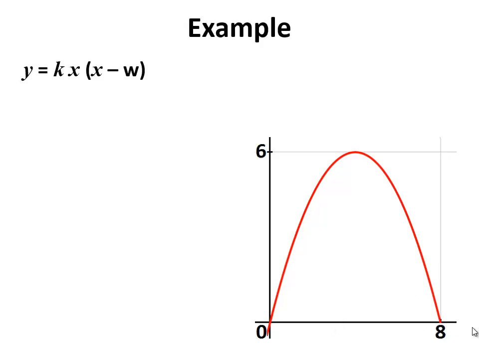So let's say our parabola is 8 wide and 6 high. Here's the general form of that type of parabola from the two intercepts. We know this one is 8, this one is 0, and we put in our point 4, which is halfway across to 8, 4 across, 6 up, which is this point here.